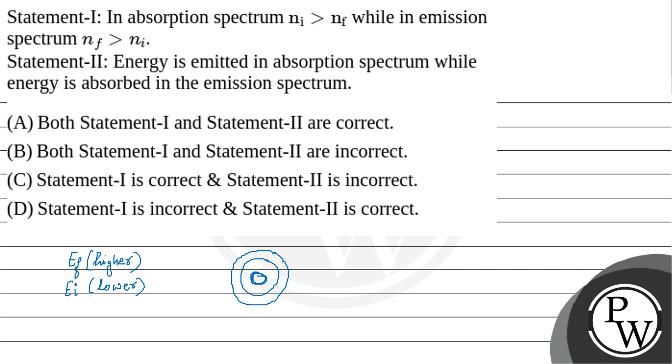Let's say an electron is in this shell and it is absorbing energy and doing transition from lower energy level to higher energy level.